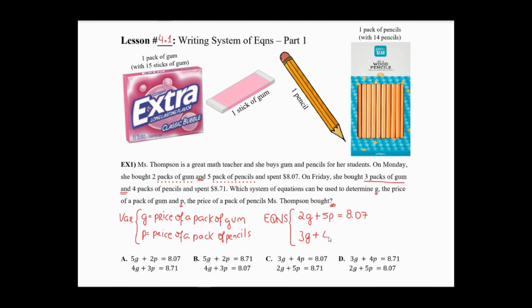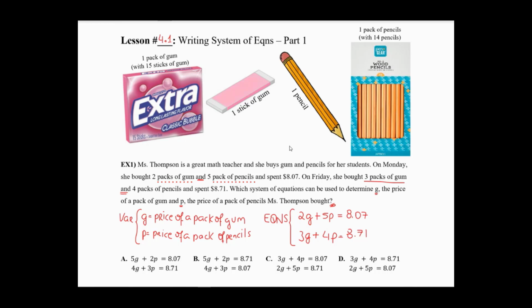So 4P. And she spent $8.71. So right there, we translate it into two equations, which is a system of equations. So this is what we're doing today. We're translating words into equations, and we're getting a system of equations.